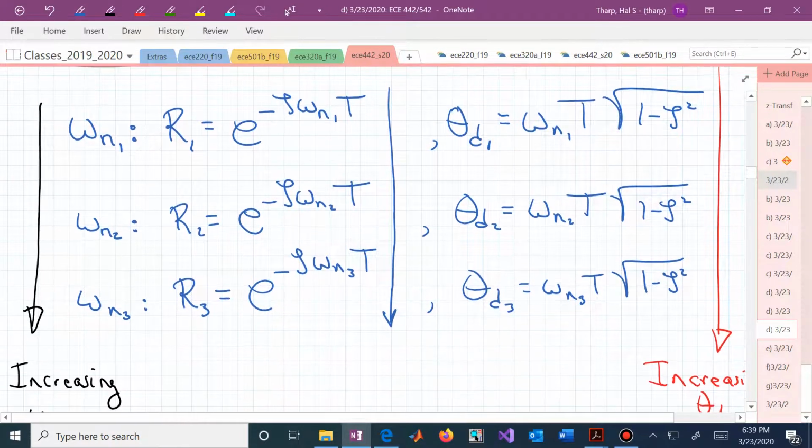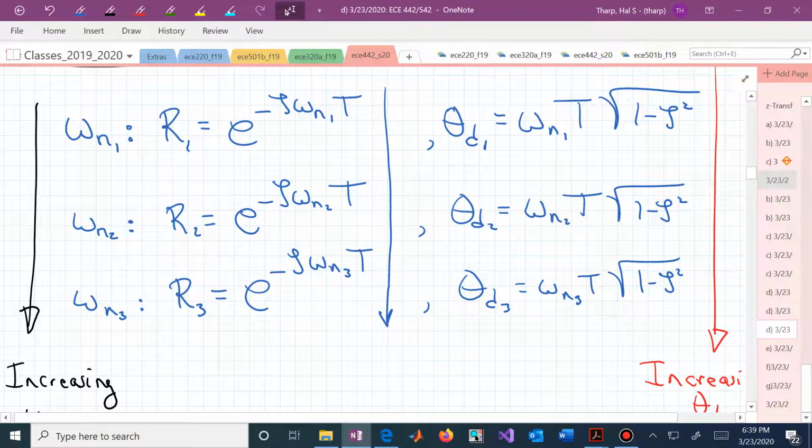The radius has this exponent, omega sub n 1 to omega sub n 2 to omega sub n 3. As omega sub n gets bigger, that gives us e to the minus a bigger number, so the r's are getting smaller.